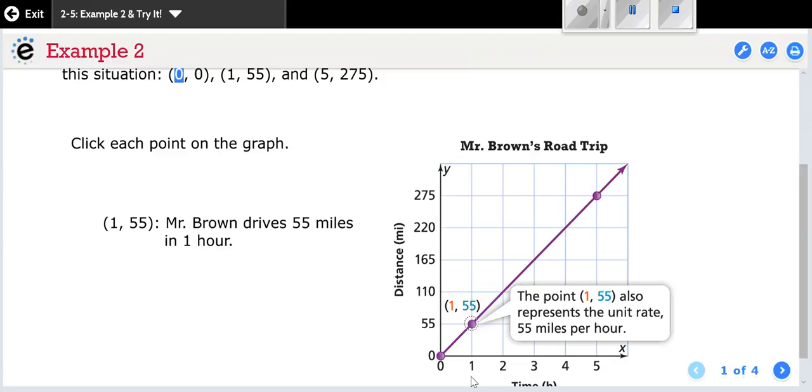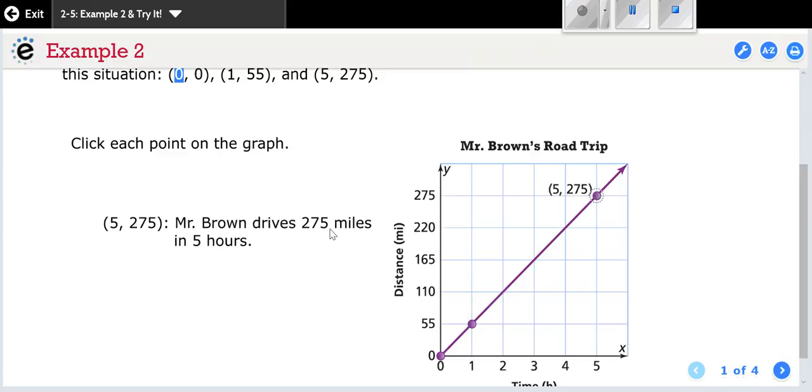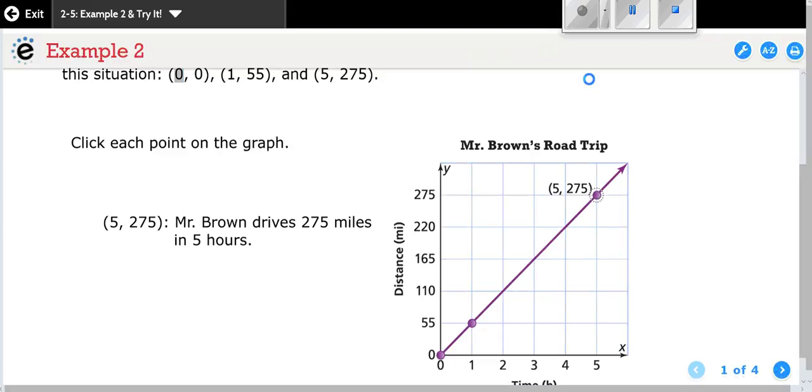Our second point then, here, 1, 55. Moving 1 in the x would be 1 hour, 55 miles. That's not minutes, that's miles. And our third point then represents 275 miles in 5 hours, right? 5 on the x, then up to 275.